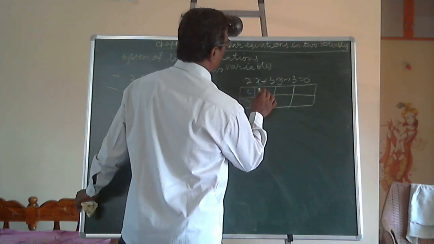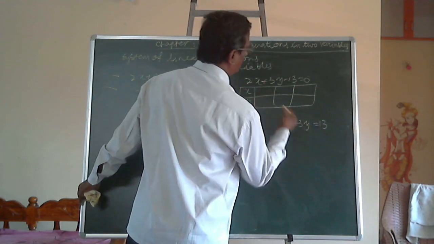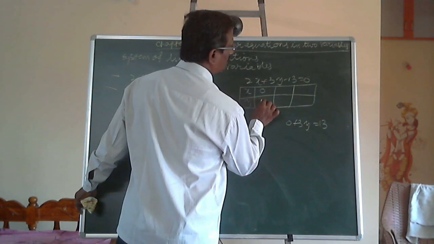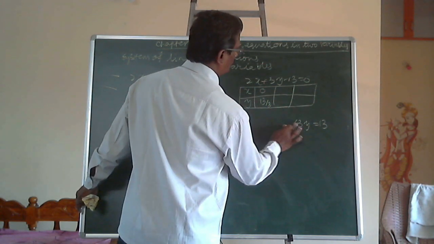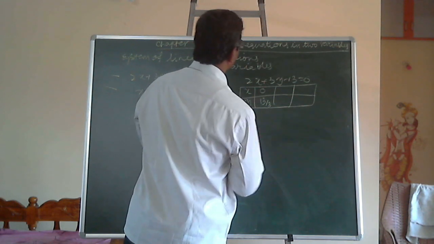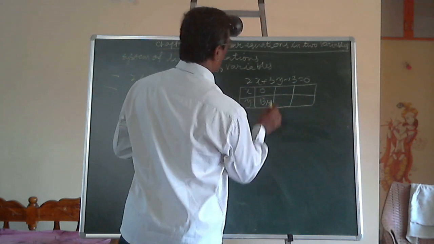x is equal to 0 means 0 plus 3y is equal to 13. It is a fraction. x is 0, y is equal to 13 by 3. For example, x is equal to 1. x is equal to minus 1.